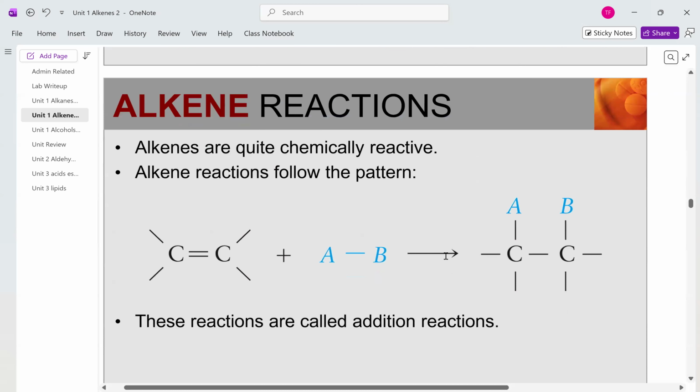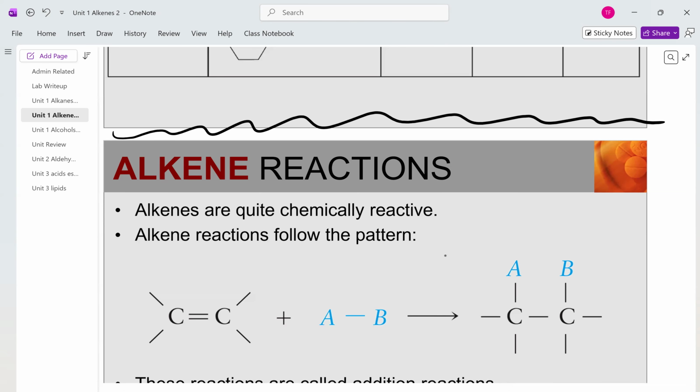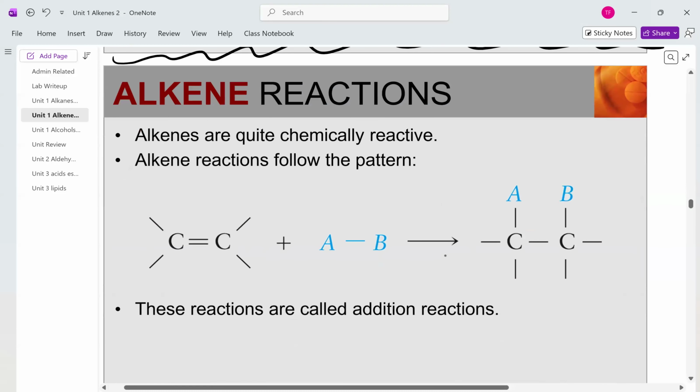Okay, reactions. Now, this is going to get complicated starting now. Are there any questions up to this point about naming these guys or anything like that? Okay, you'll be practicing that in your dry lab.